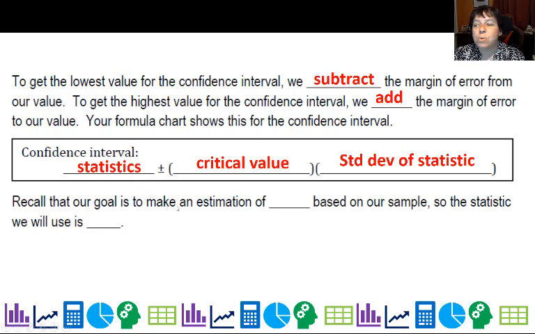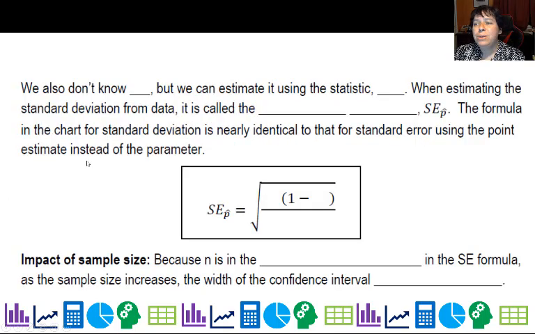So recall that our goal is to make an estimation of the parameter p, in this case, based on our sample. So the statistic we will use is p hat. We also don't know sigma. I've been using sigma, but if I don't know p, why would I know sigma? But we can estimate it. We're going to use p hat to estimate it.